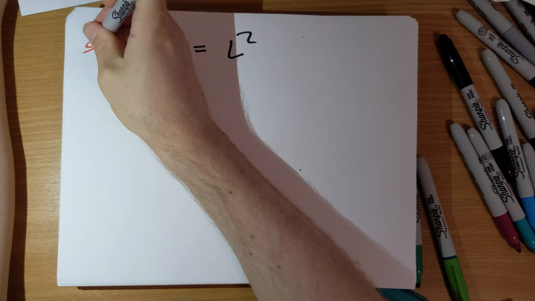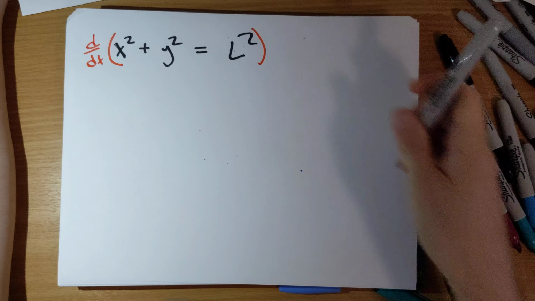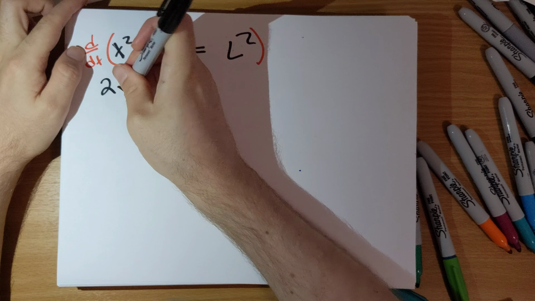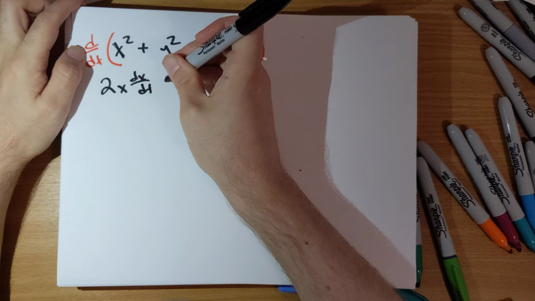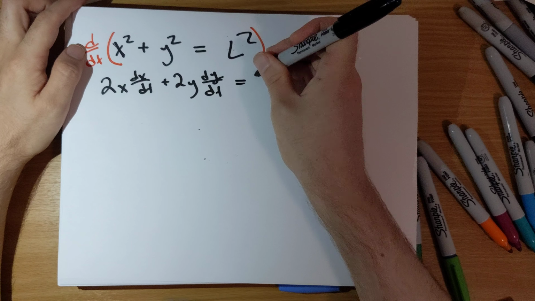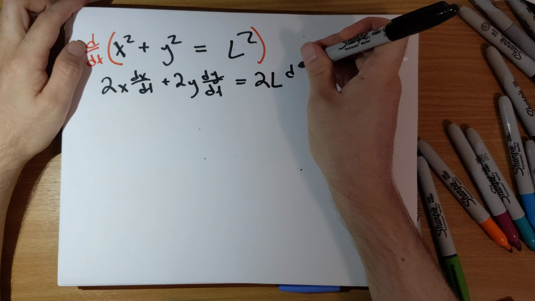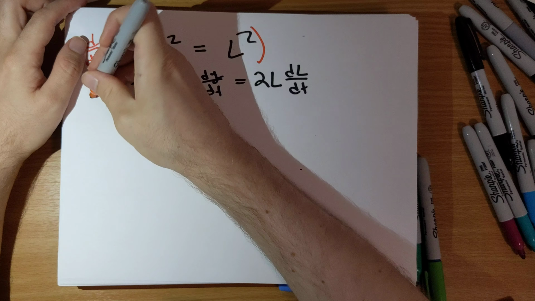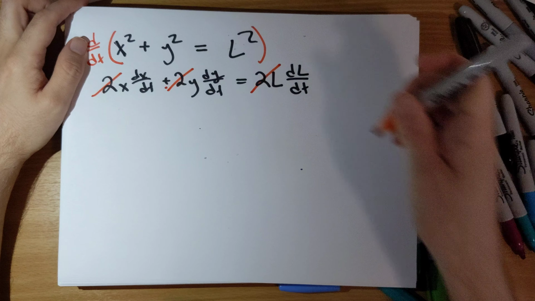Take the derivative with respect to t of everything in sight, and this is 2x dx dt plus 2y dy dt is equal to 2L dl dt. And we can divide out by the 2's if we want to.